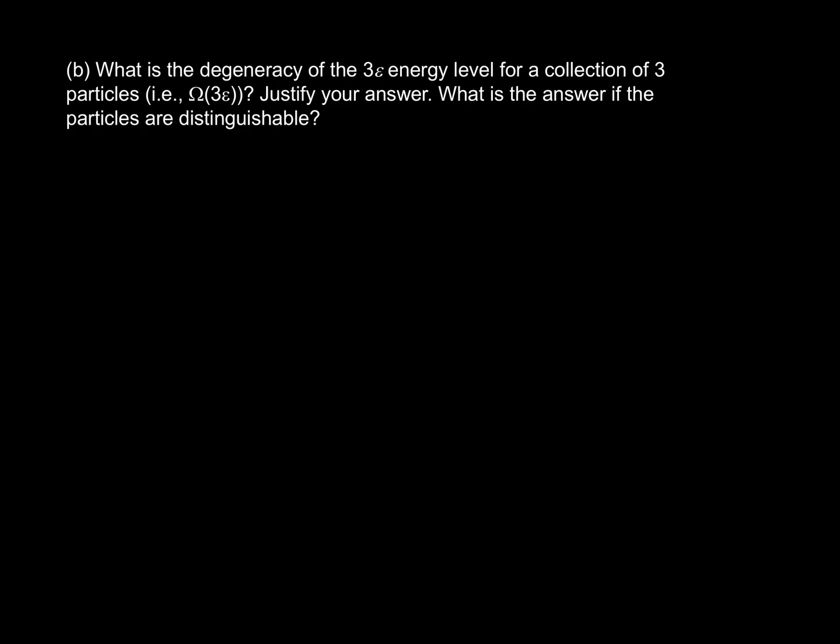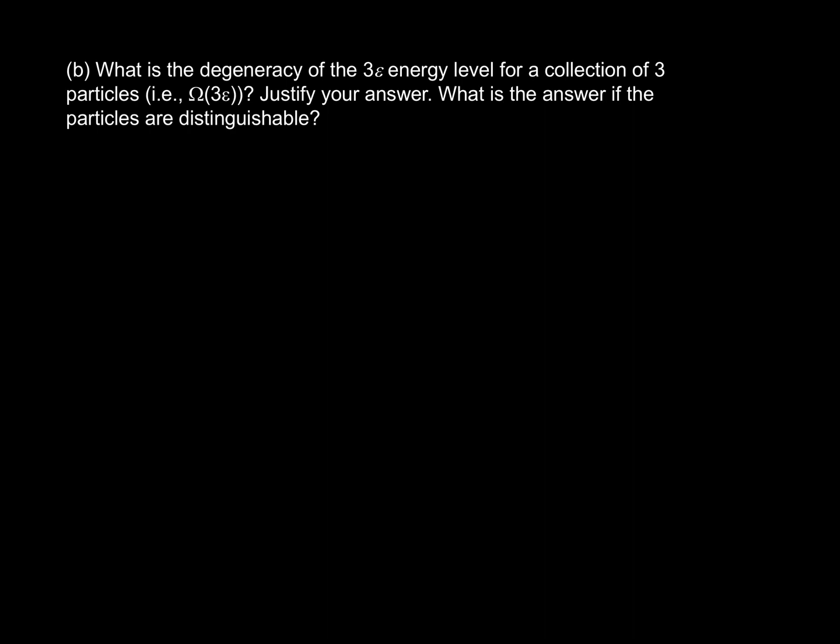What is the degeneracy of the 3 epsilon energy level, not energy state, for a collection of 3 particles? What we're asking for is this capital omega of 3 epsilon.